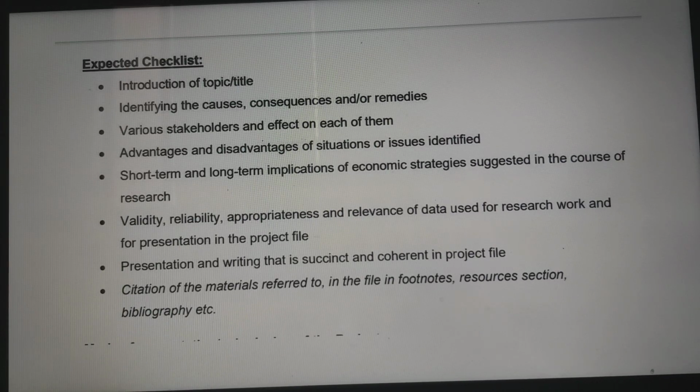Have you identified the stakeholders and what are the effects on these various stakeholders, advantages and disadvantages, short term and long term implications? Then appropriateness of the data that you have collected, is it reliable, is it valid? It's very important that from wherever you collect the data, you need to mention it in the bibliography, which should be on the last page of your project.